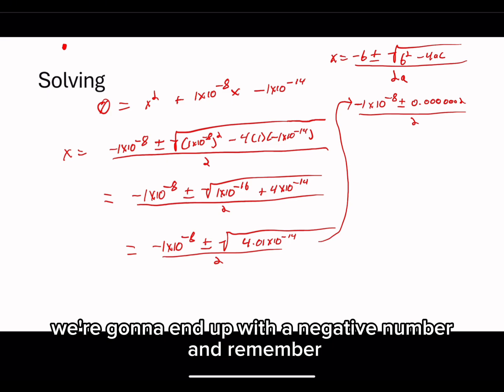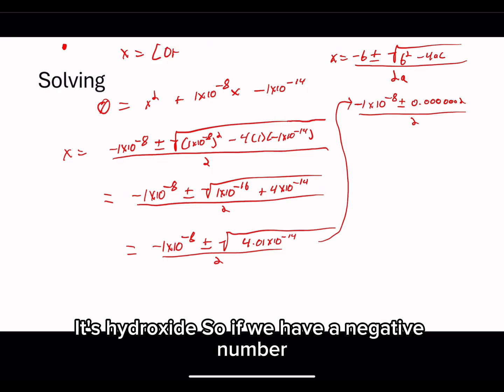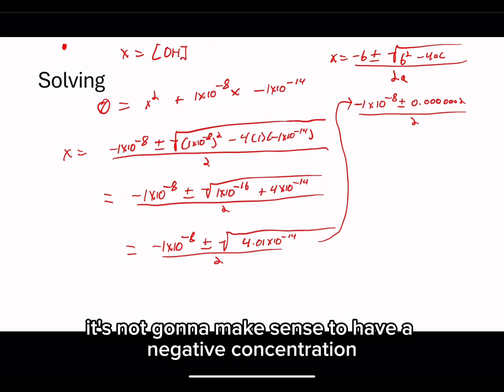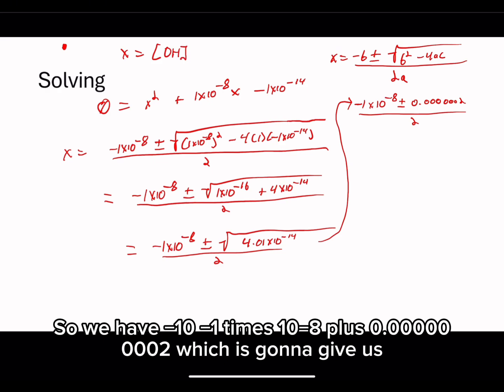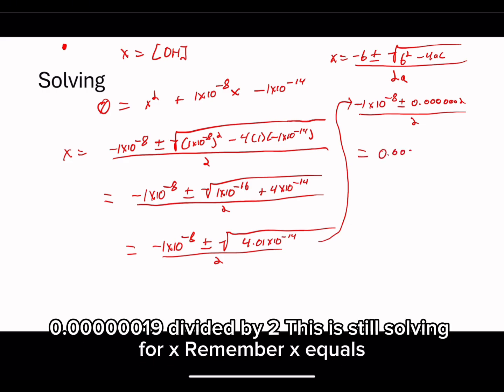And remember, the x that we're solving here is hydroxide. So if we have a negative number, it's not going to make sense to have a negative concentration. So we have negative 1 times 10 to the negative 8 plus 0.000002, which is going to give us 0.000019 divided by 2. This is still solving for x, remember.